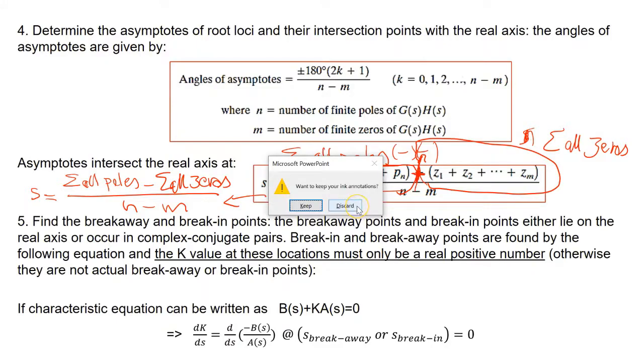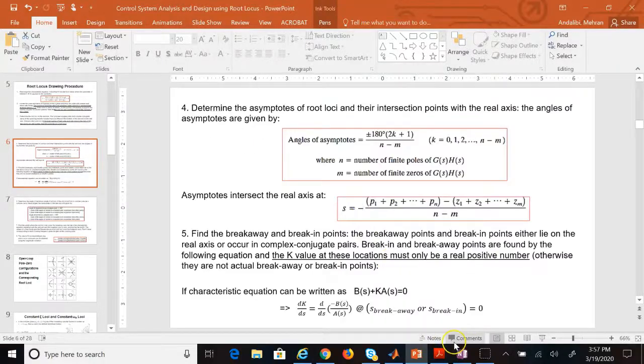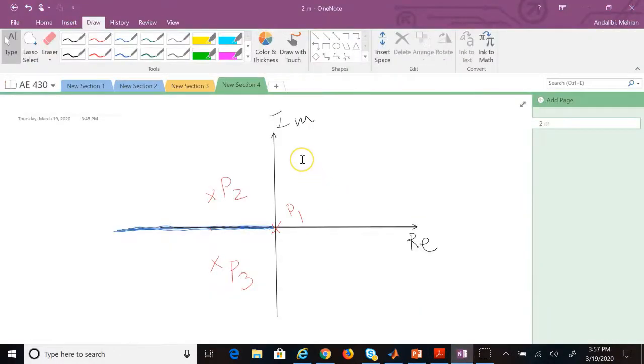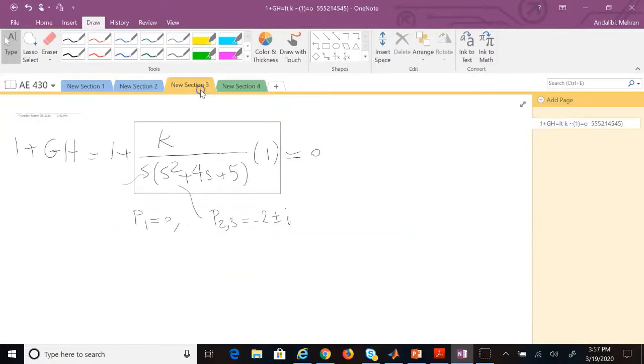So now if I go back to this example, referring back to these p's and there is no z, where is the intersection location? The intersection location s is what?